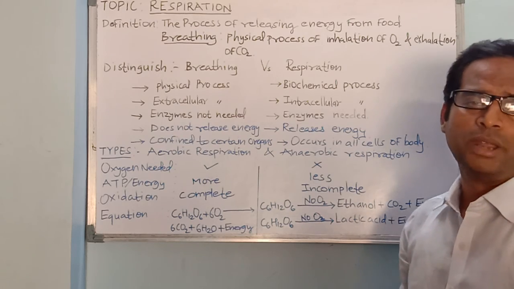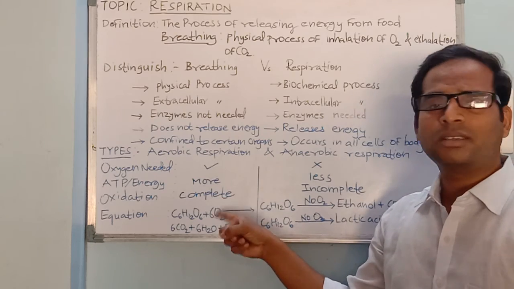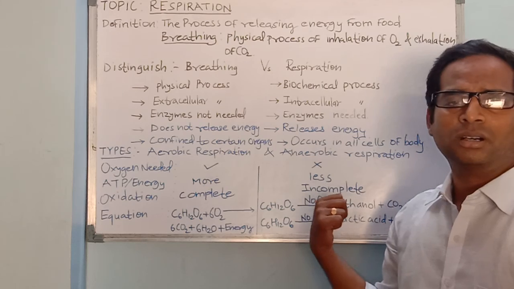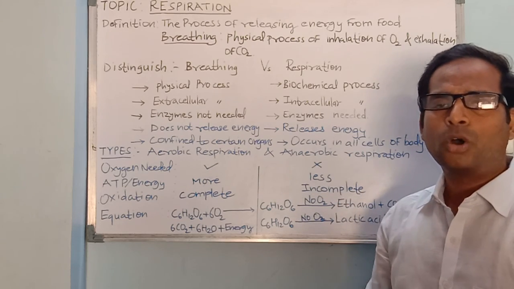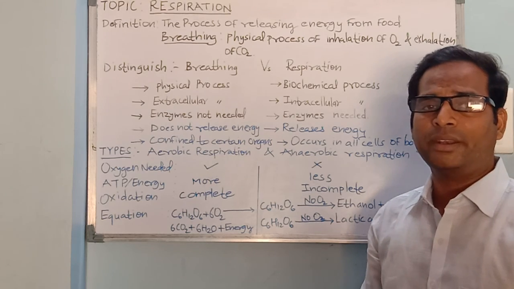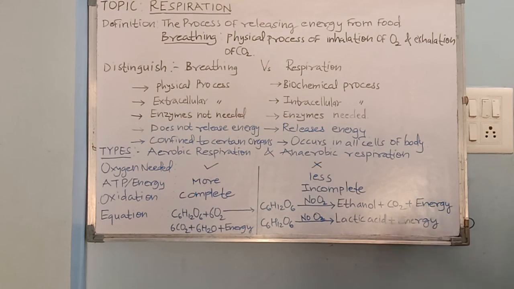And as we all know, mitochondria are the powerhouse of the cell, so more energy is produced in aerobic respiration. Whereas anaerobic respiration occurs only in the cytoplasm, not in mitochondria, and hence less energy is produced during anaerobic respiration.